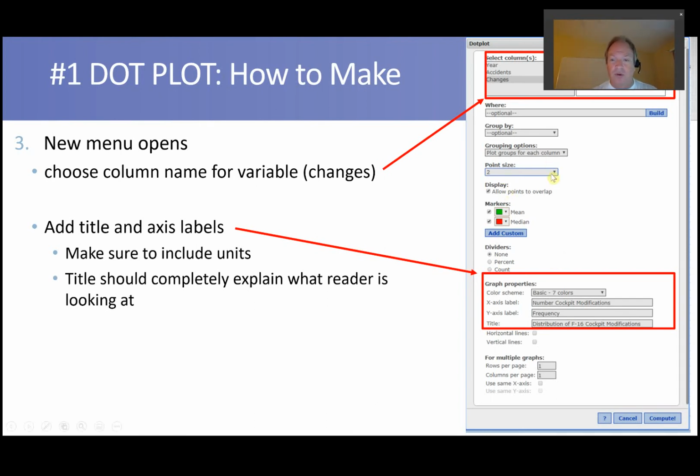If we wanted to, we could change the size of the dots. If we had a categorical variable along with a quantitative one, we could group by the values of the categorical variable. And if we had multiple dot plots, we could format how they're displayed on the page. And you hit compute.